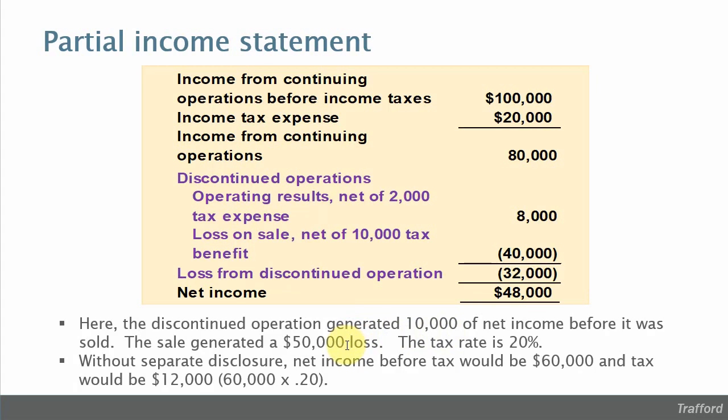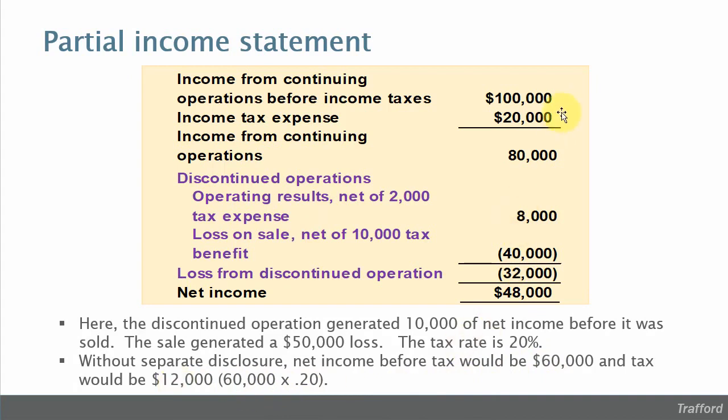So if we didn't have any separate disclosure requirements for discontinued operations, the company would just be reporting net income before tax of $60,000. The $100,000 plus the 10 minus the 50. Tax expense on that $60,000 would be $12,000, $60,000 times the tax rate, and net income for the company would be $60,000 minus $12,000, or $48,000.